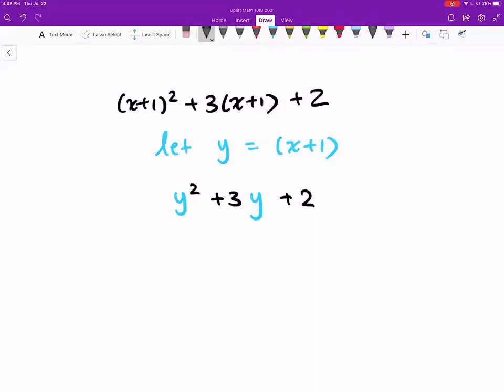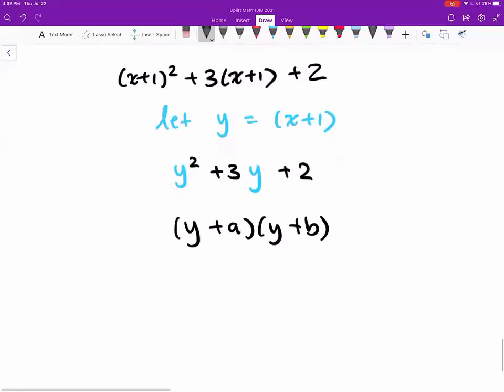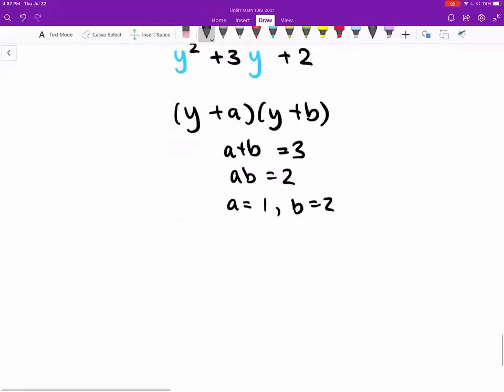So a will be 1 and b will be 2. So we can rewrite it as y plus a, y plus b, and then y plus 1 times y plus 2.